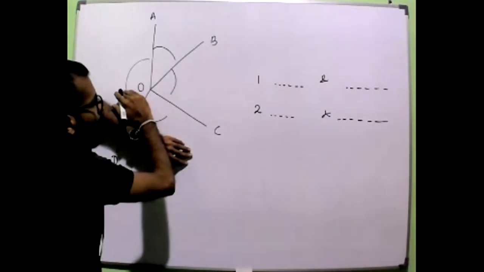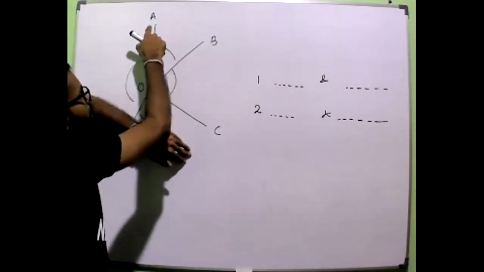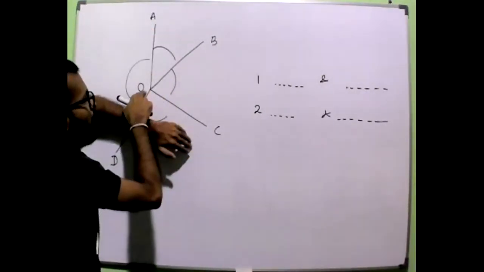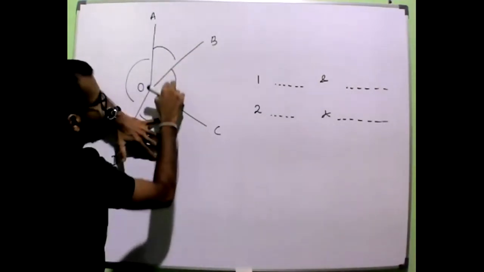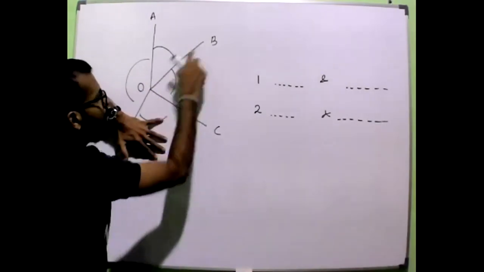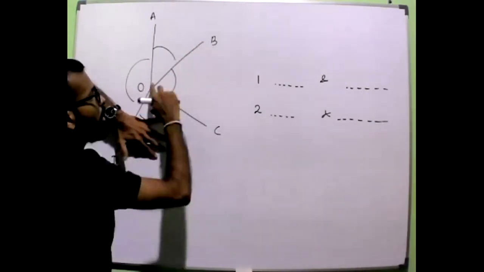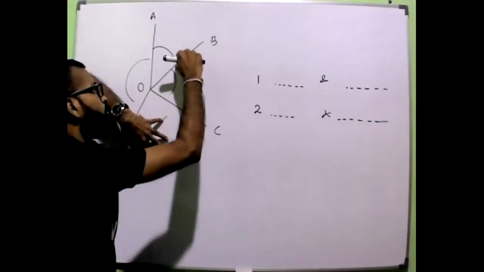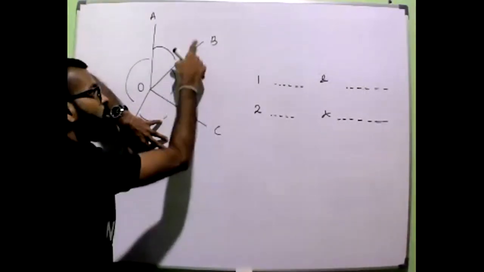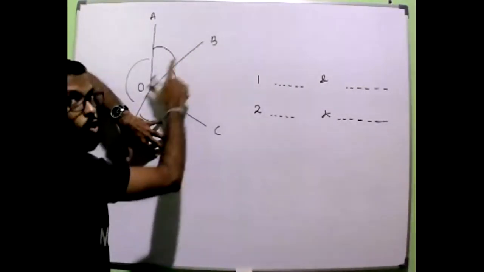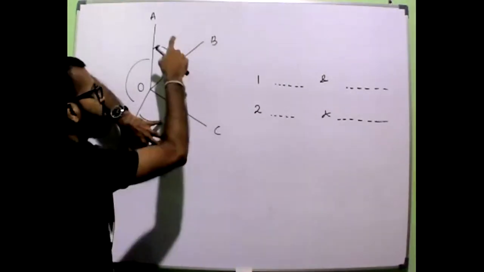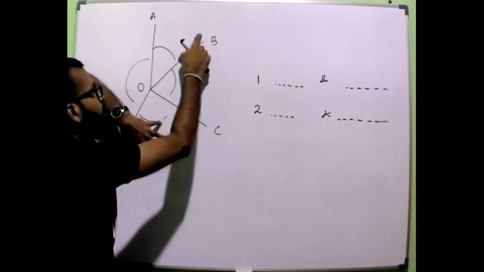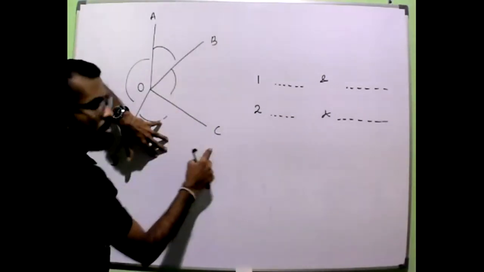Now here we can find a common vertex, and for these two angles, OB is the common arm, and either side of this common arm, which is OB, we can find two angles, AOB and BOC.